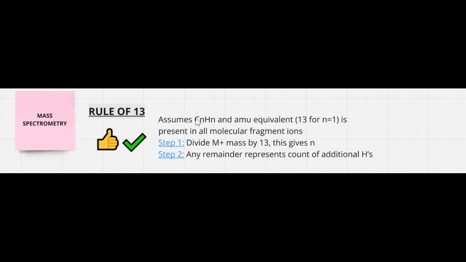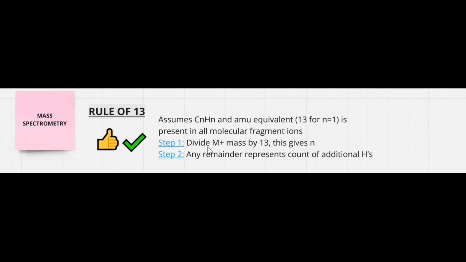The first step is that, in the mass spectrum analysis that we perform, we are given a certain peak of M plus. What is M plus? M plus is basically the first peak given to us by the mass spectrum. That is the parent peak, which gives the molecular mass of the compound.